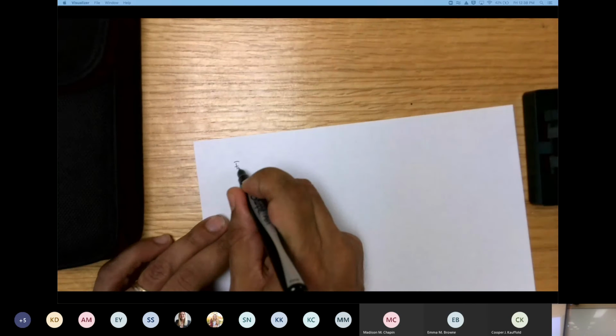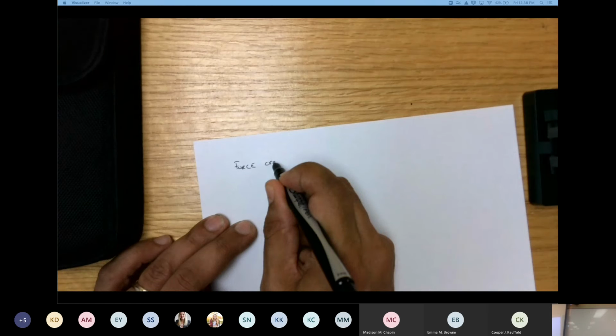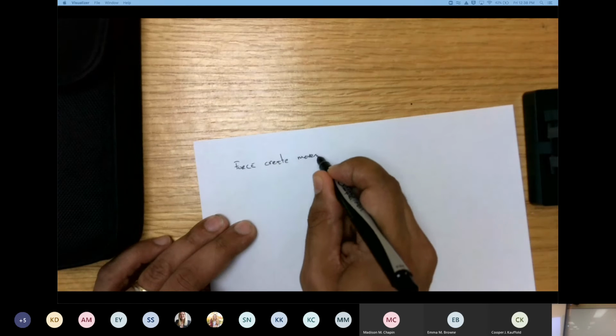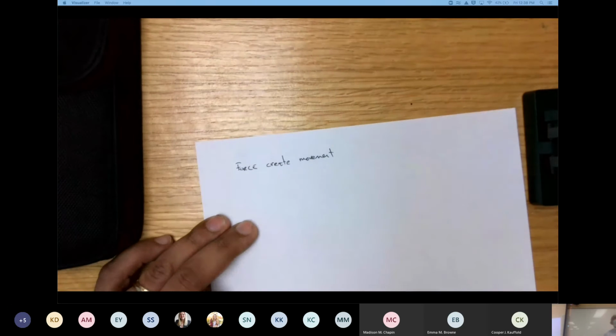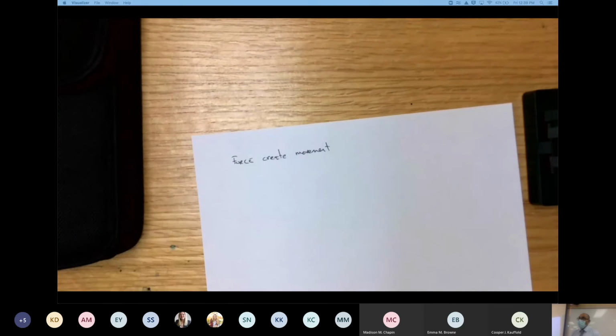So forces create movement. If something is moving, it's because at one point a force was applied to that object. Nothing moves just because it decides to move on itself. There's always a force that is being applied, and that thing starts moving.